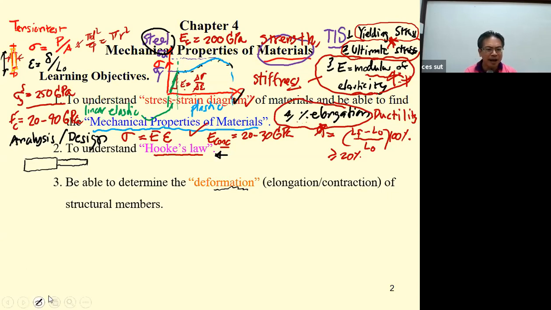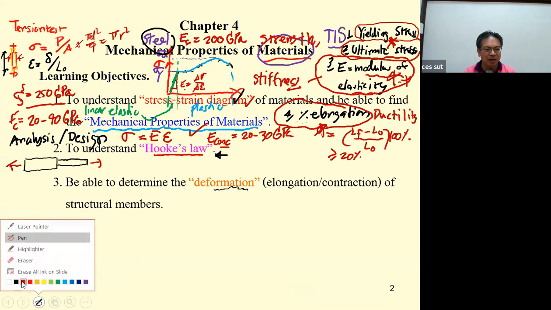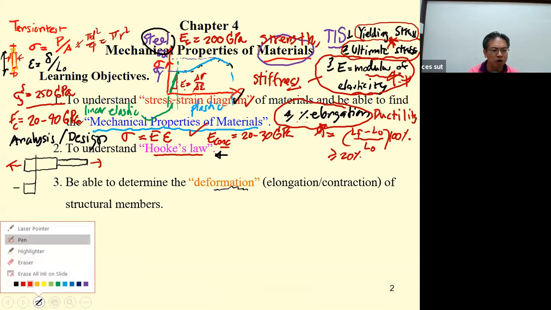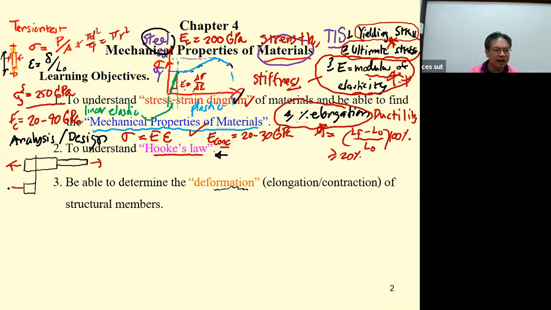Under the application of the force, this specimen will have the stress inside it. If you'd like to determine the stress, you've got to cut it, and then you draw the free body diagram of this portion of the structure, and then you can determine the internal force.